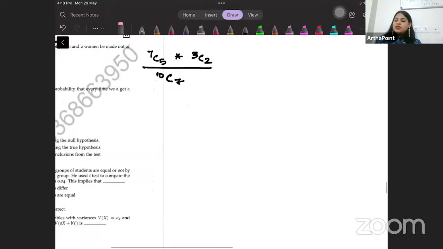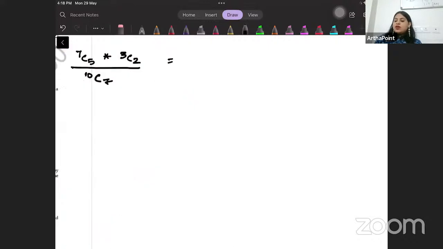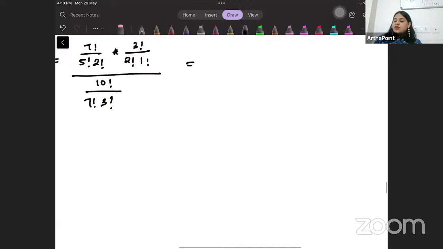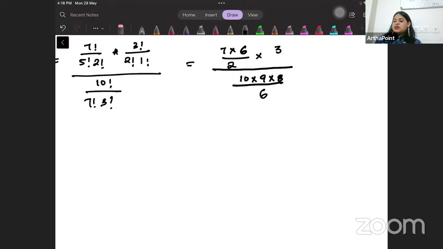Can you open this up for me? So this will be 7 factorial upon 5 factorial 2 factorial, into 3 factorial upon 2 factorial 1 factorial, upon 10 factorial upon 7 factorial 3 factorial. So the 7 factorial will get cancelled. 7 into 6 by 2, into 3, upon 10 into 9 into 8 upon 6.